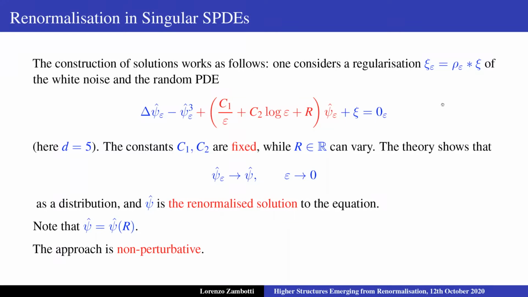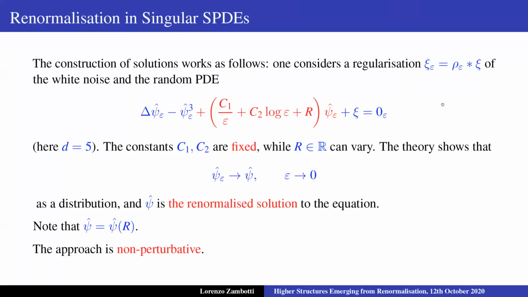So you have this regularized noise in the equation, and you study a new equation whose solution is now classical. It's called psi hat epsilon. But the solution has to be modified or renormalized. So you have to add a linear term in psi hat epsilon multiplied by a constant, which is the sum of three terms: one term in 1 over epsilon, one term in log epsilon, and one term which is, say, a constant.